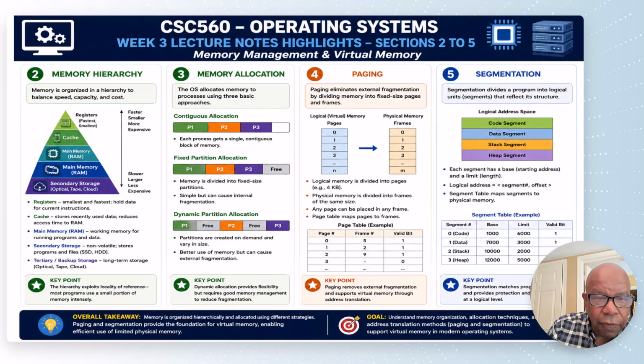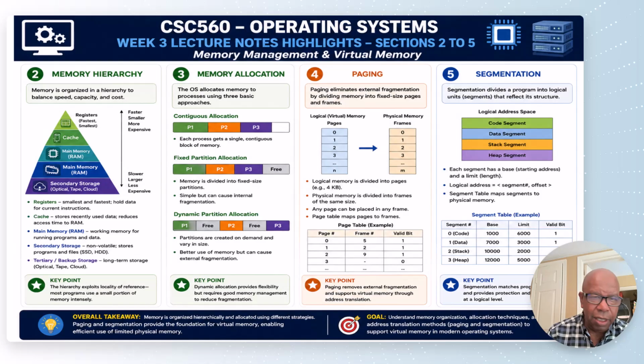So memory is divided into fixed size partitions, simple but can cause internal fragmentation. And then dynamic partition allocation. Here, partitions are created on demand and vary in size, better use of memory, but can cause external fragmentation. That says that I'm not giving everybody a fixed amount.